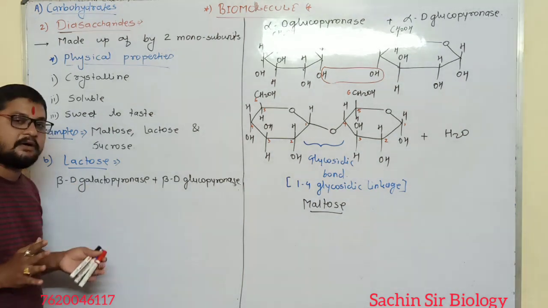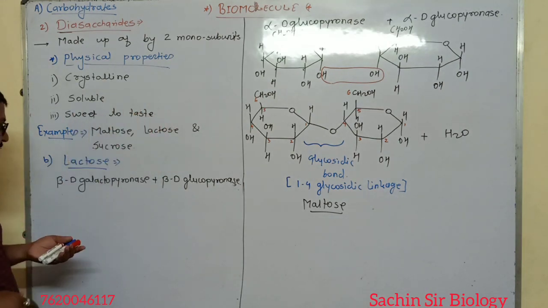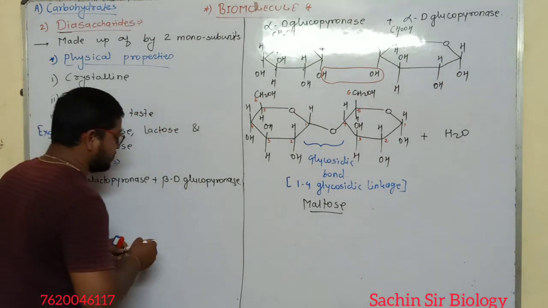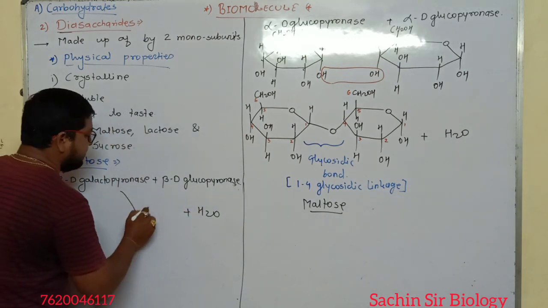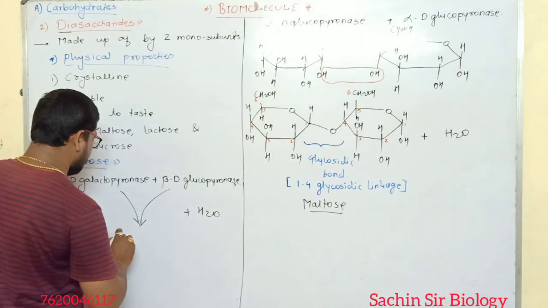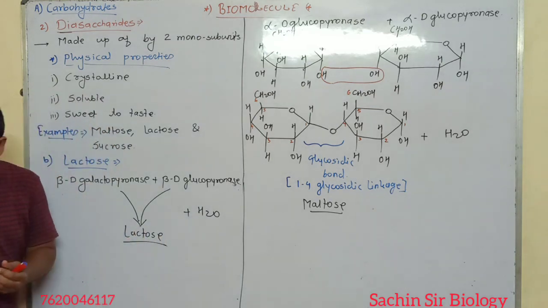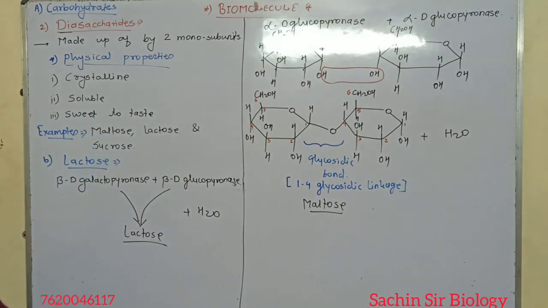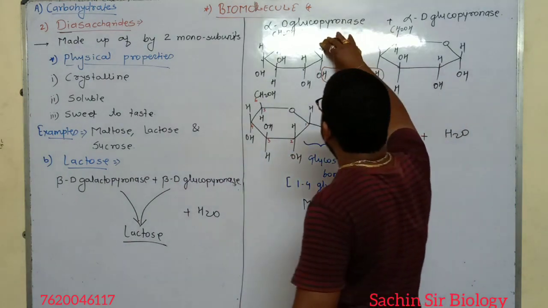Now, how does this lactose formation take place? We will follow the same steps. Here also, by means of condensation, dehydration takes place, and a water molecule is removed. And by means of these two monosaccharide molecules, lactose is produced. Understand? Now, see, the same steps we follow.